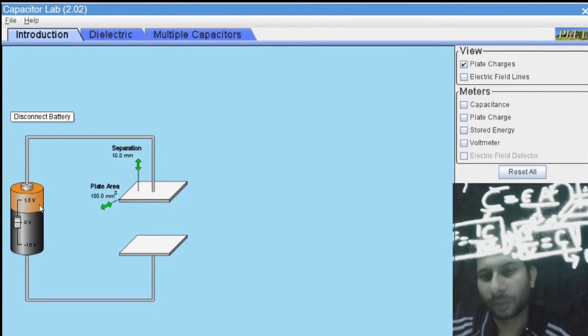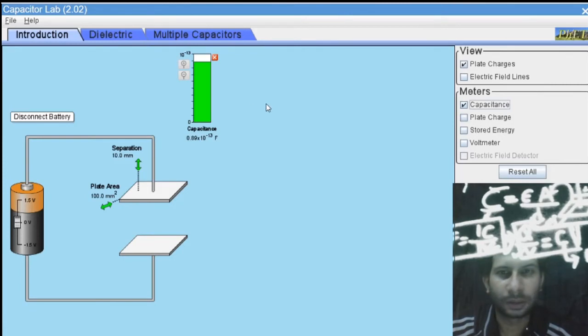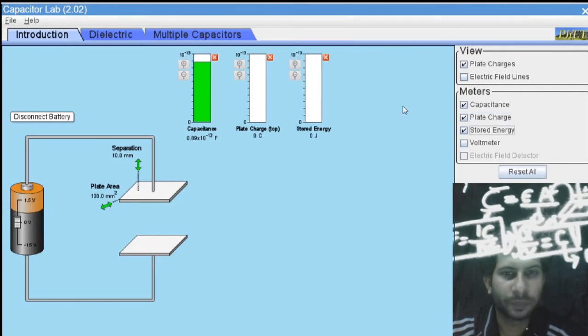One battery is connected, and we can have these bars: charges on the plate, stored energy, and electric field lines.